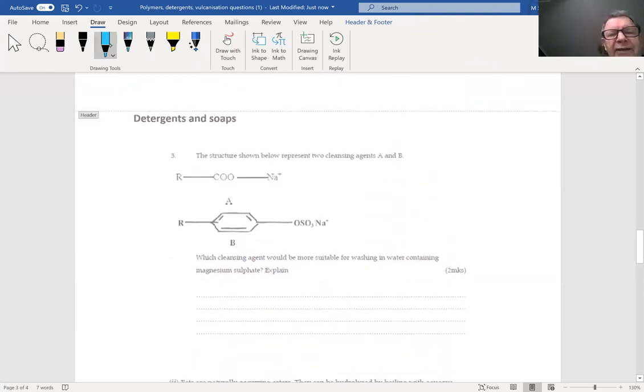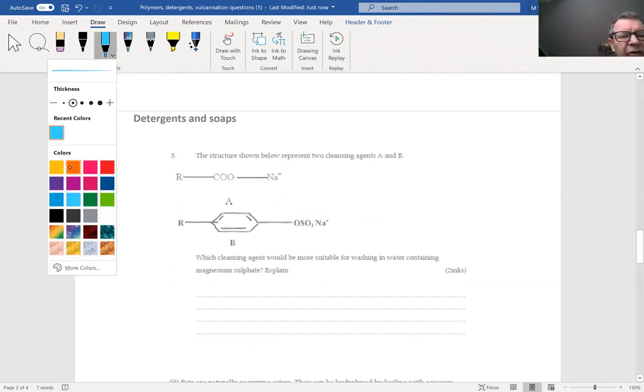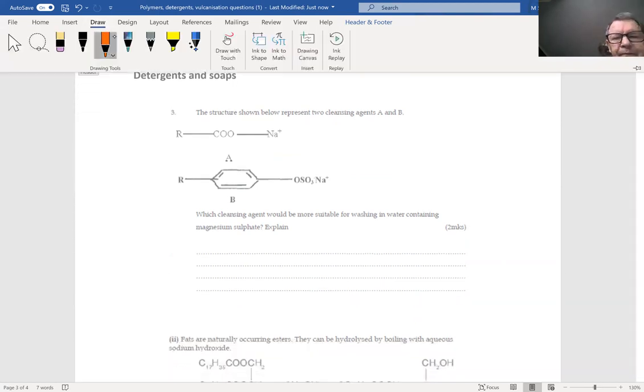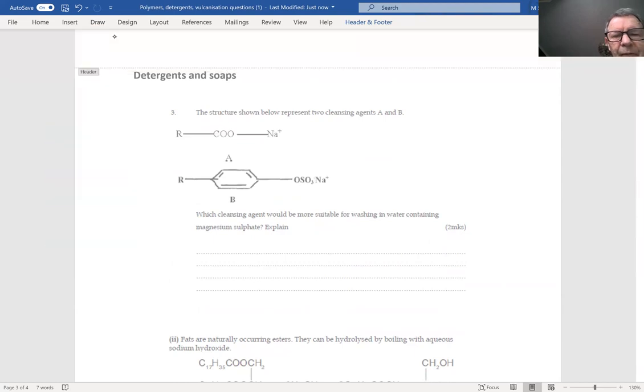What we've got here is this one here is a soap. This one here, kuna. Some people think this is quite funny. This is here. Oh, why can't I write? Come on. I do not understand why I cannot write.